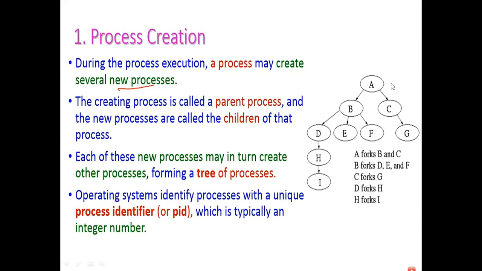So here, the parent A will create the child processes B and C, and the process B will create the child processes D, E, and F. And process C will create the child process G. And H is created by the parent process D, and I is created by the parent process H. The operating system will identify the different processes using a process identifier called PID, which is typically an integer value.